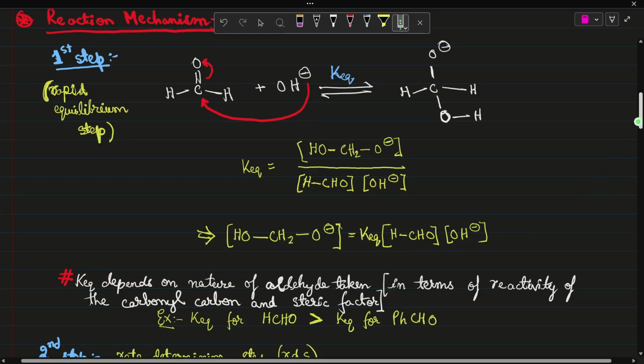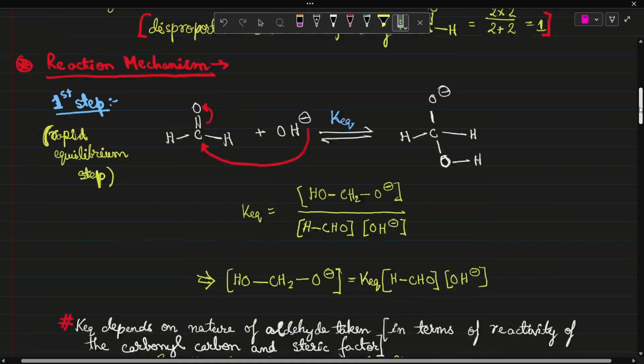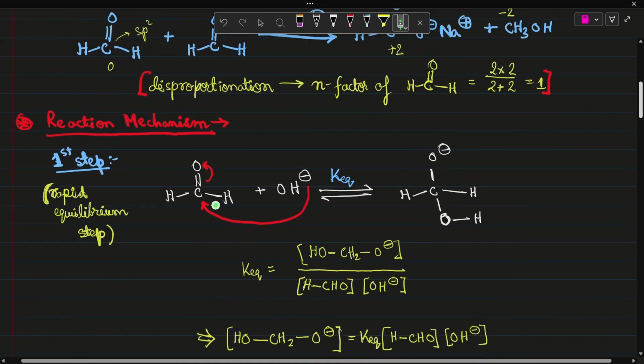Alright. Now, K equilibrium, we easily know K equilibrium depends on the nature of aldehyde taken, because see, this is a nucleophilic addition attack, right? So this attack will be faster if this carbonyl center is more reactive or more electrophilic, because this is a delta positive center, right?